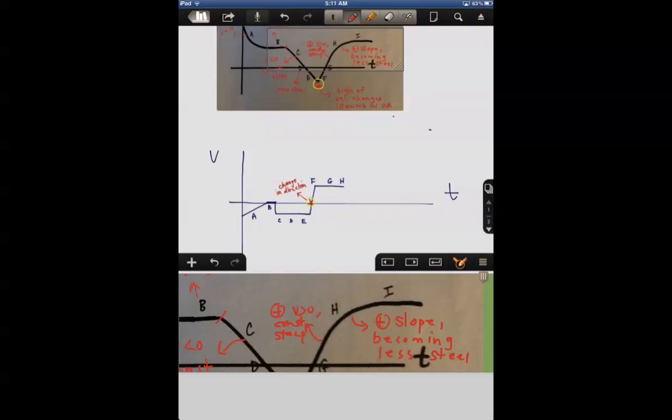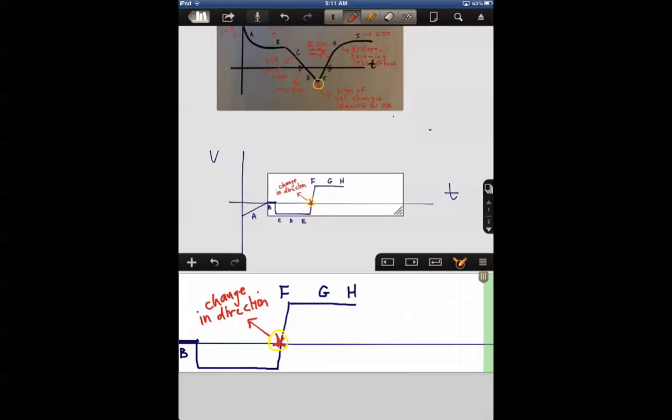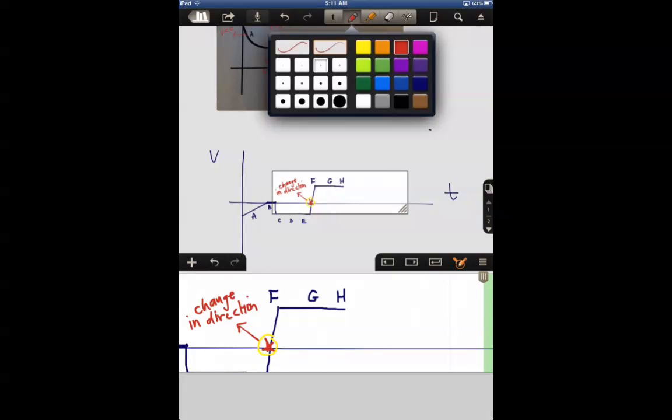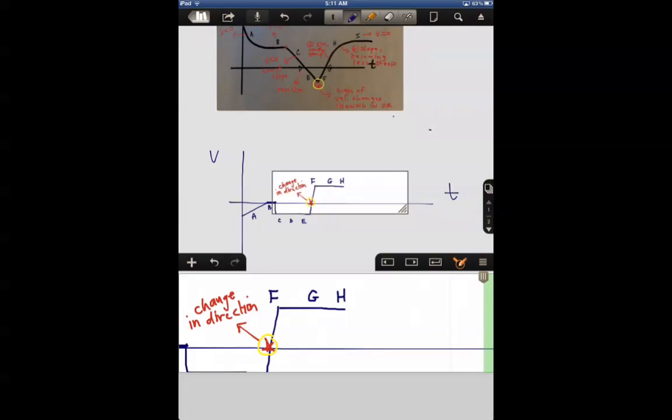We're slowing down. And in fact, when we get to I, V will be 0 again. So what this means down here is I'm going to have a line that slopes down such that when we get to I, it is a flat line.